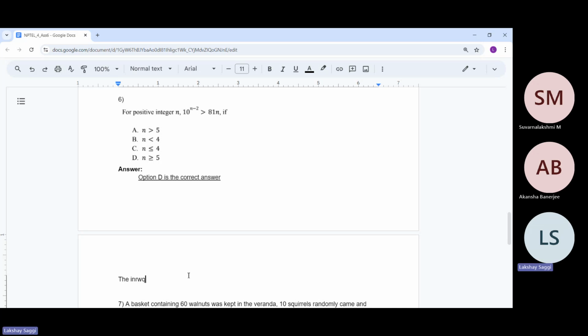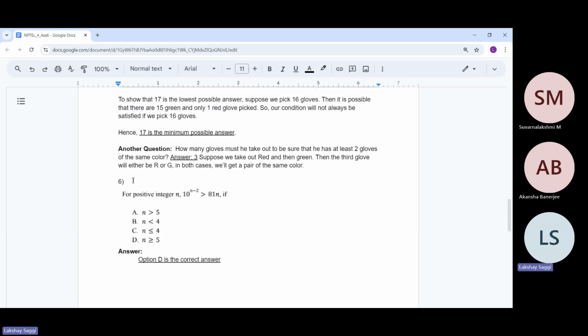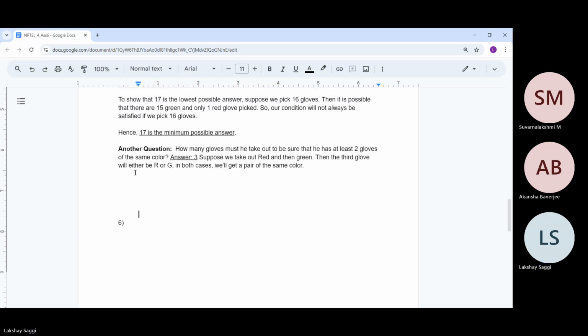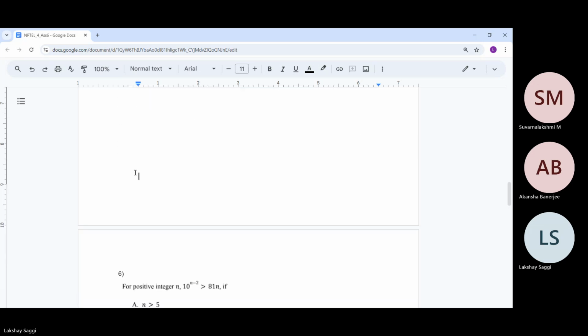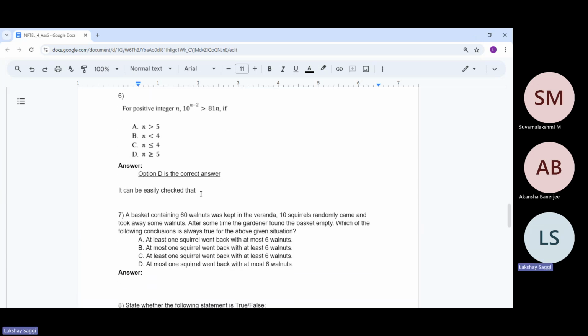So first, it can be easily checked that the inequality does not hold for n equals 1 to 3.